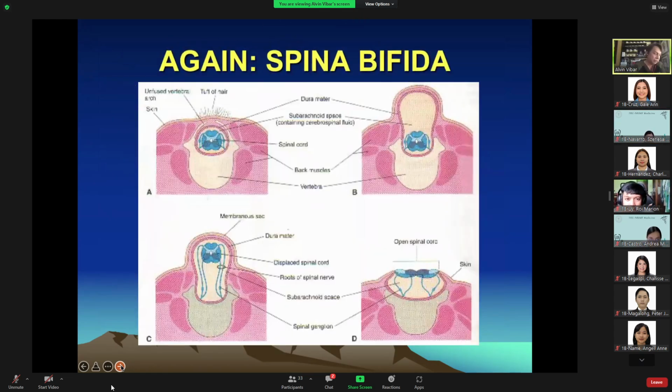Again, this is your occulta. This is your meningocele, spina bifida cystica. This is your meningomyelocele. And this is your myeloschisis.